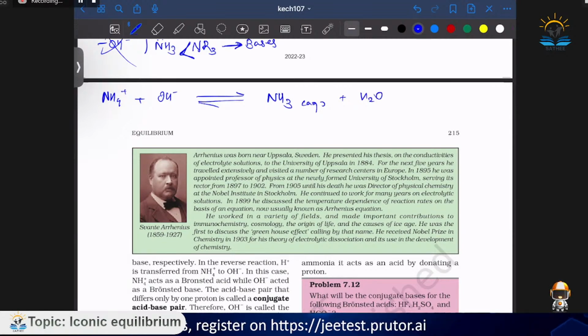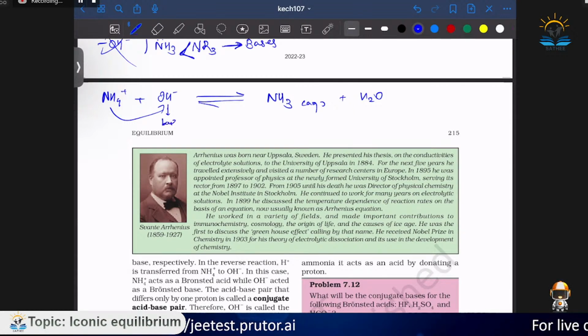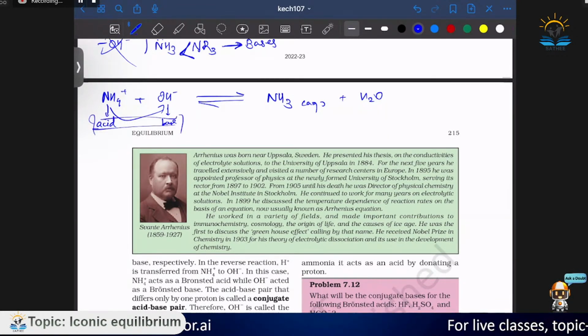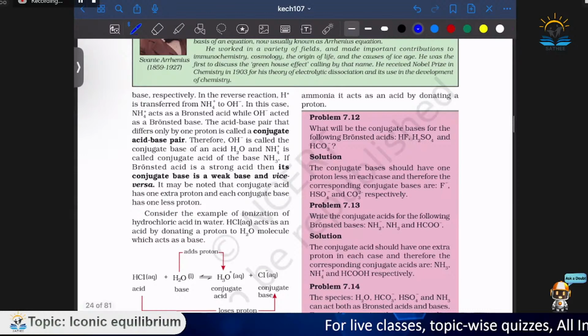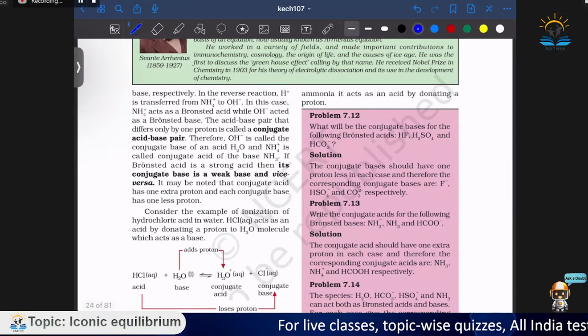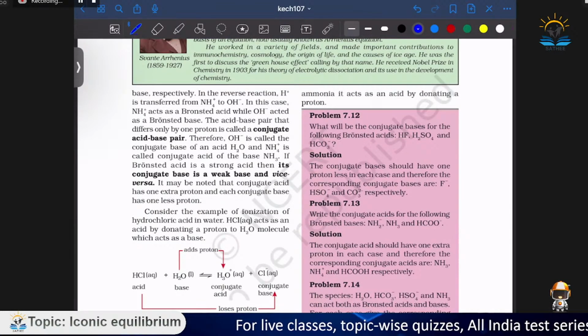So who is giving the proton now? Ammonium ion is giving a proton to hydroxyl. So hydroxyl is accepting, so it is a base, and ammonium is donating, so it is an acid. It is very simple. Okay, it is universal and really simple to account for acidity and basicity using this concept. So it is definitely better than your Arrhenius concept.